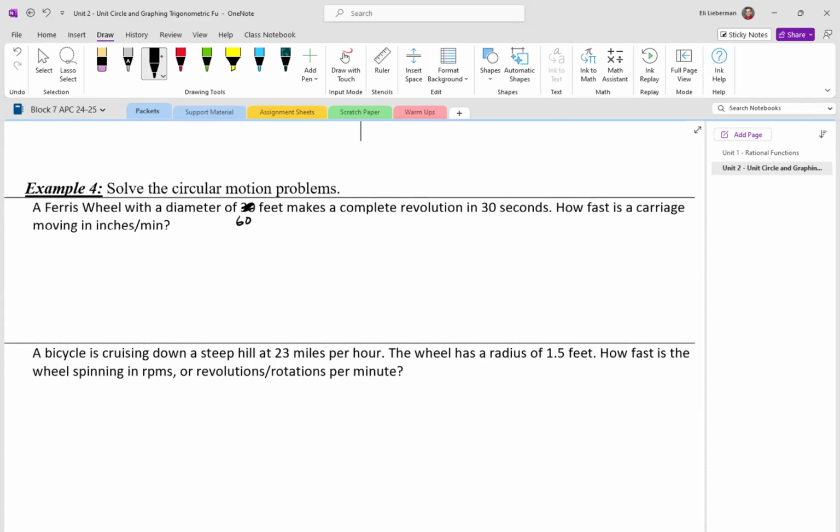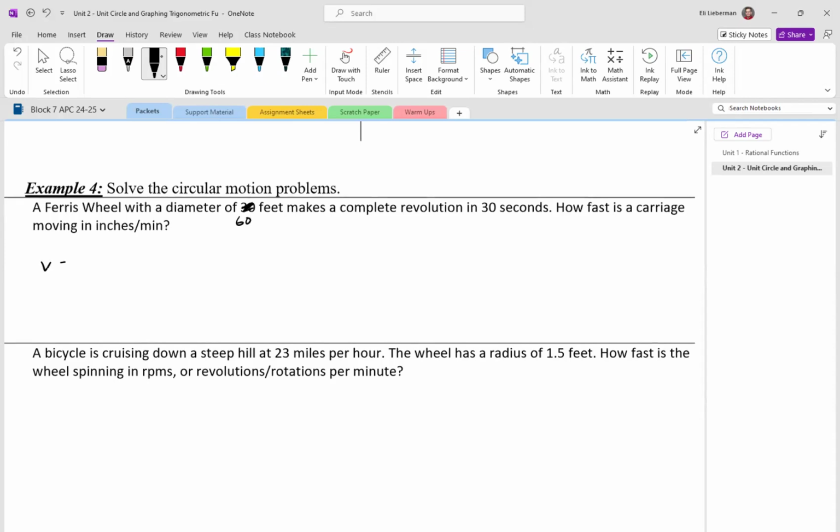Okay, and of course the carriage is located on the circumference of the Ferris wheel, so we're just looking at a point on the outside. Since it's inches per minute, this is a linear speed.